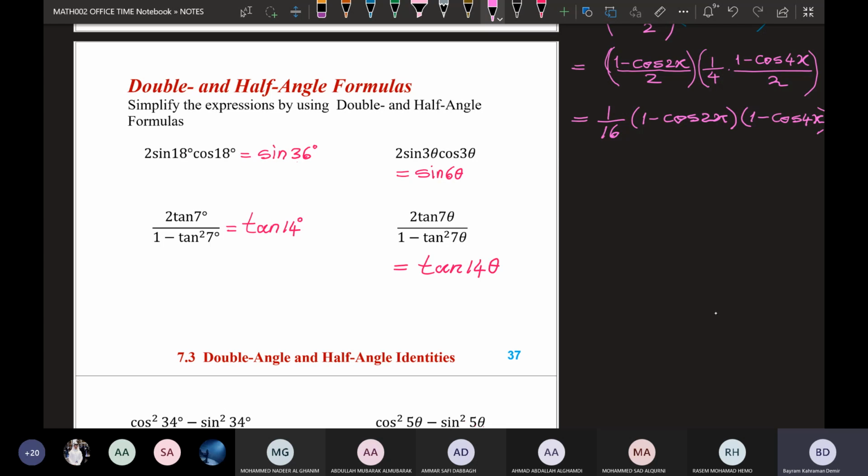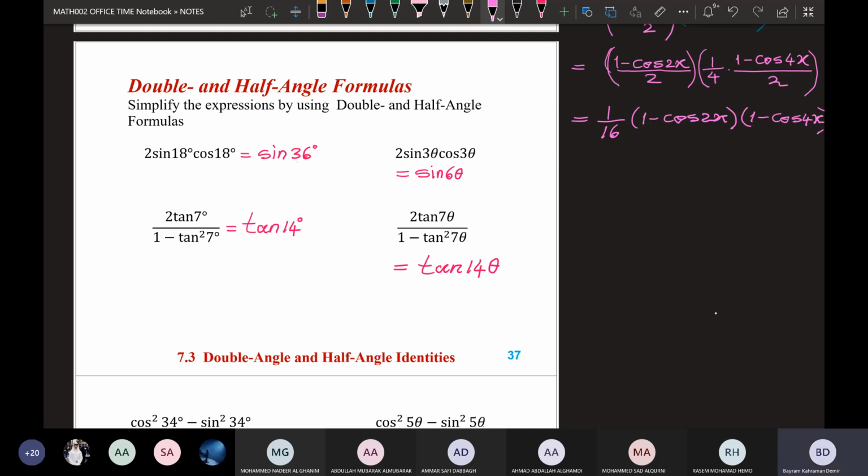Now 2 times tangent 7 divided by 1 minus tangent square 7 is the tangent of 2 theta formula, the double angle formula for tangent. So 2 times 7 is 14 degrees, so tangent of 14 degrees.